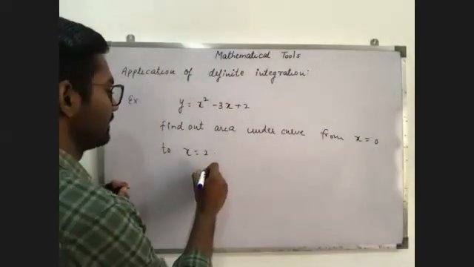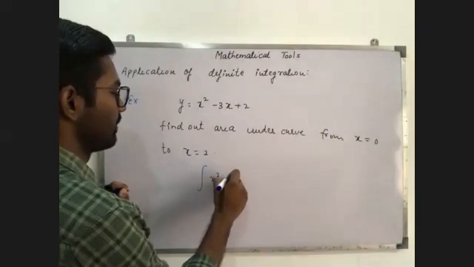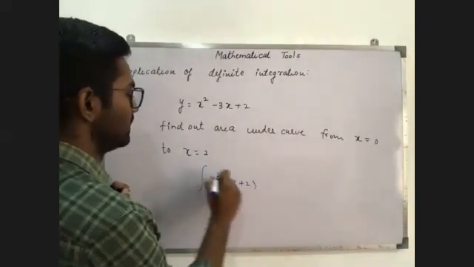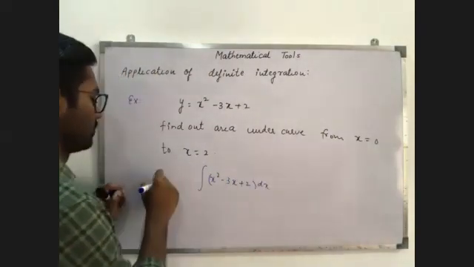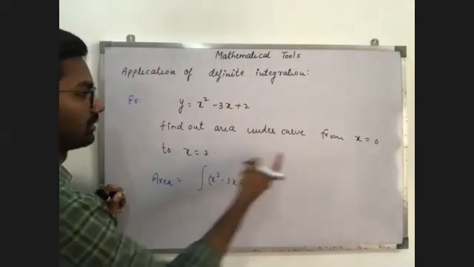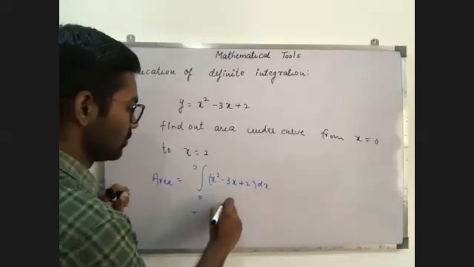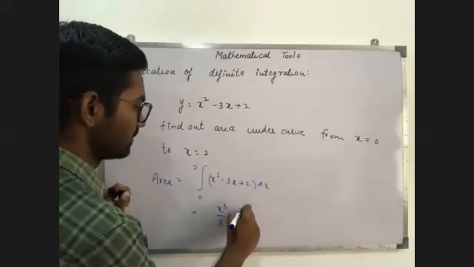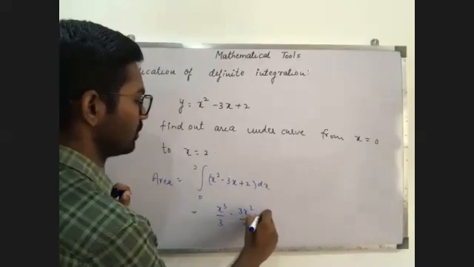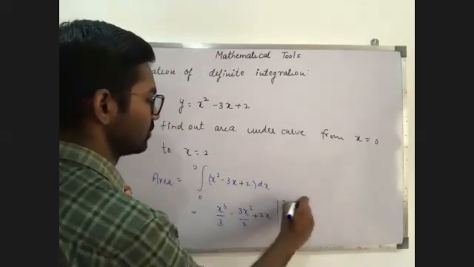Okay, just look here. Integration of x squared minus 3x plus 2 dx, to calculate the area from 0 to 2. This is x cubed by 3 minus 3x squared by 2 plus 2x, from 0 to 2.